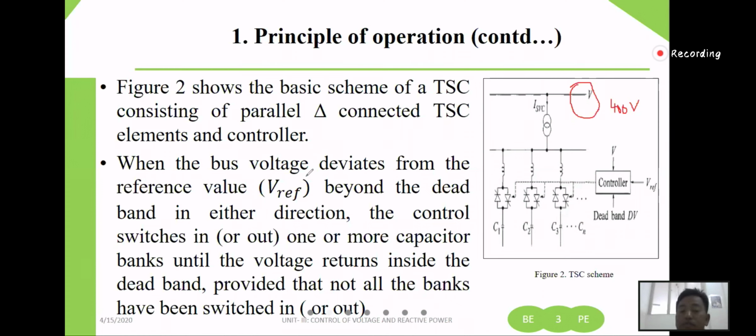Now when your bus voltage deviates from the reference voltage, either increasing or decreasing, which means it deviates from this reference voltage, in our example 400 volt, beyond the dead band, dB.